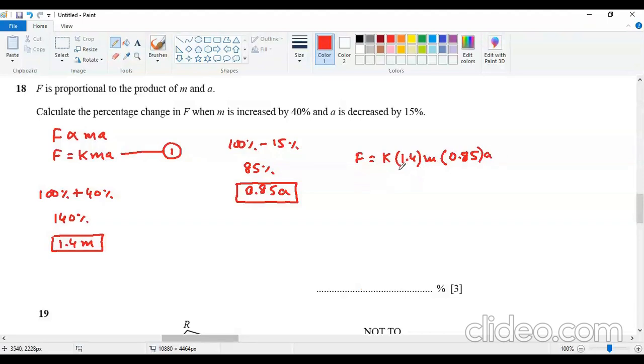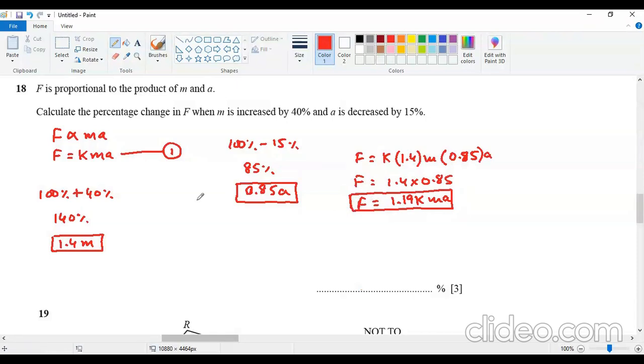Now when we multiply these two, we get F equals 1.4 times 0.85, it's going to be 1.19 k m a.